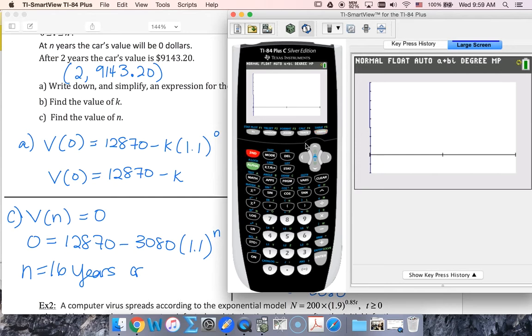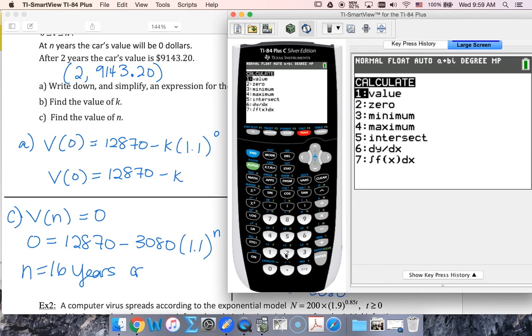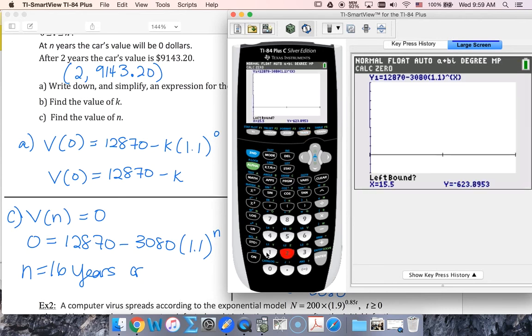Let's go ahead and calc our 0 value. We want the 0. So the left bound I'm going to say is 15. My right bound we could say is 15.5. But it looks like it's really, really close to 15, so I'm going to guess 15.1.